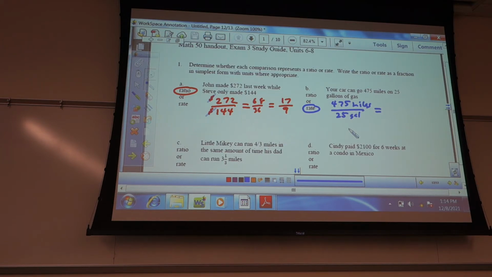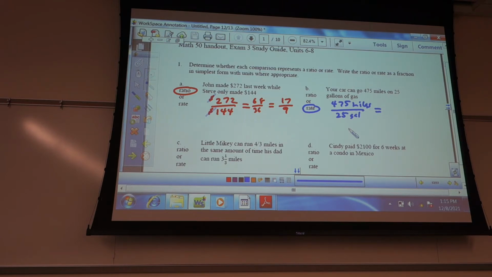25, right away I know they're both divisible by 5, right? Everyone with me? So I'm going to do 475 divided by 5. What do I get? I get a 95, so it's divisible by 5 again. I can divide by 5 twice, so I know they're both divisible by 25. Everybody kind of follow me?